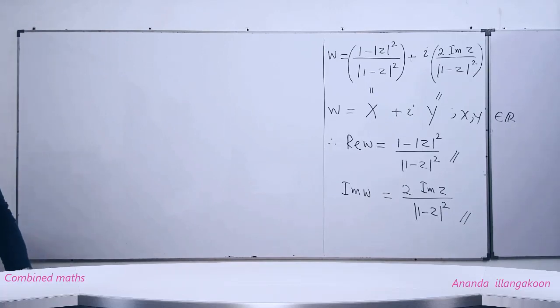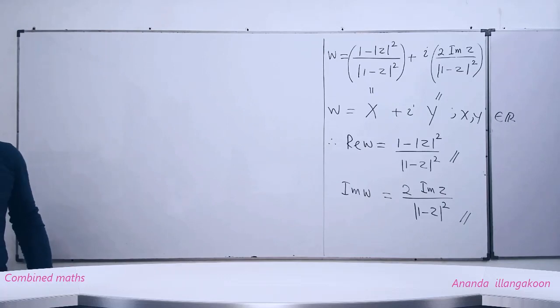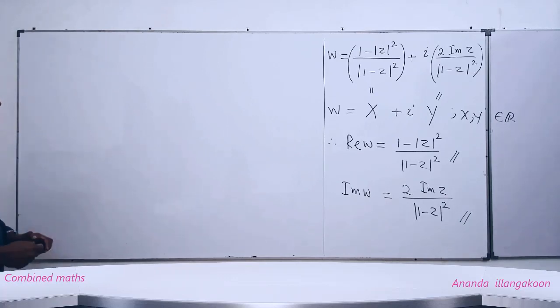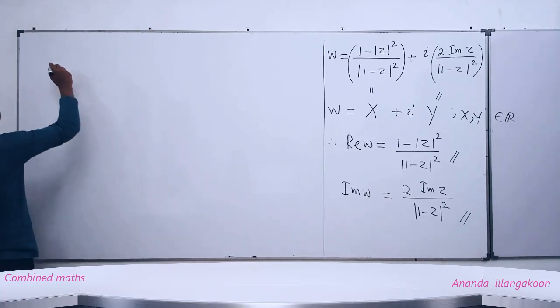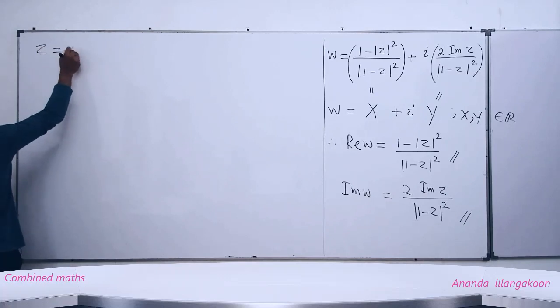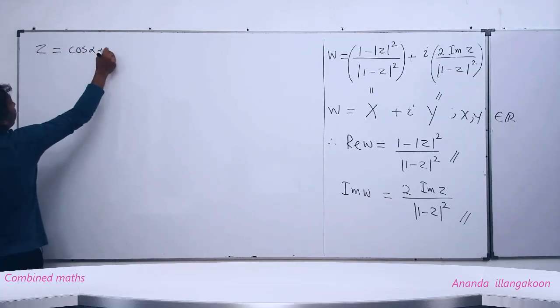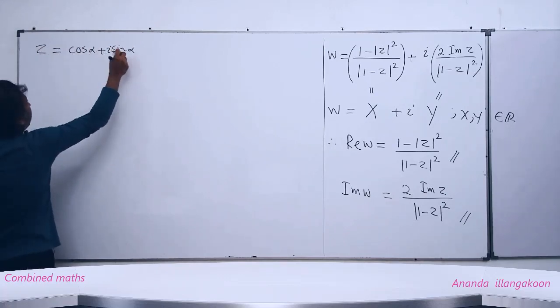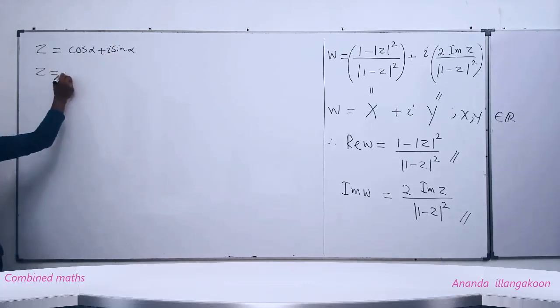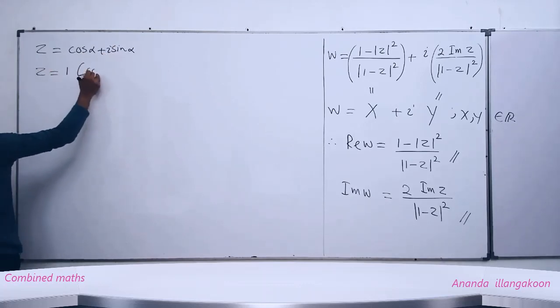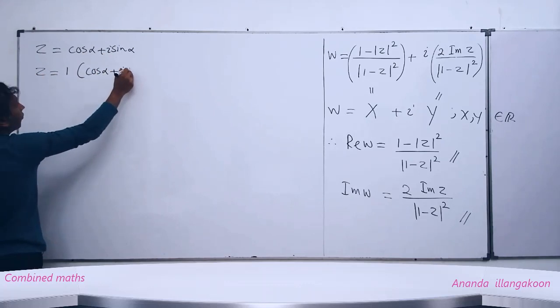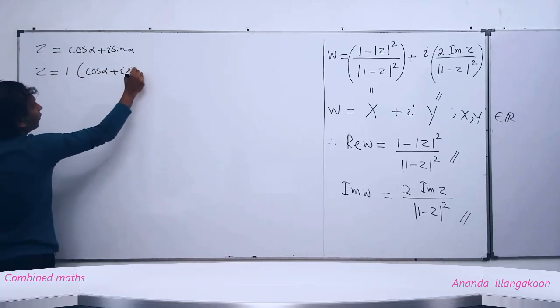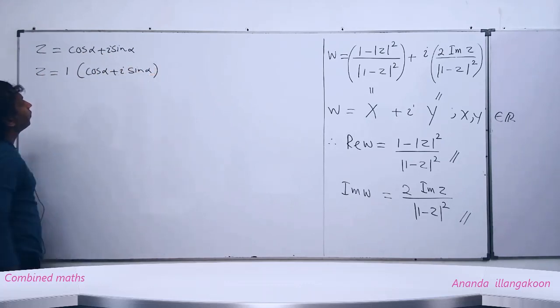if Z equals cos alpha plus i sin alpha, then people, here, if I write this one this way, no objection by you.